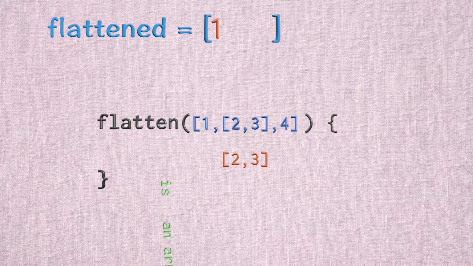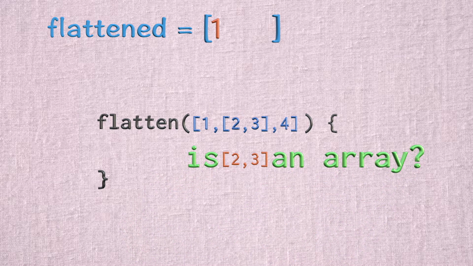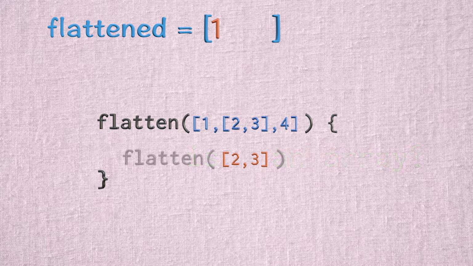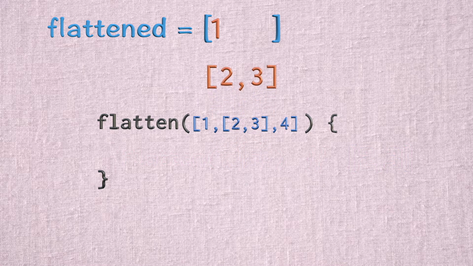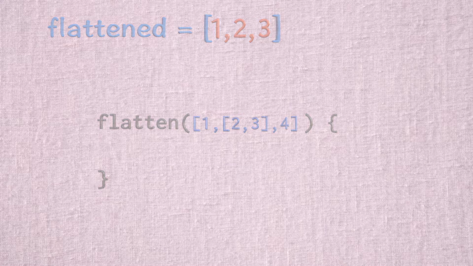The next item is an array, and when that gets evaluated as true, that's going to get fed into our flatten function again, and this is the recursion. That invokes flatten with that argument, which returns an array of 2, 3, because there are no more deeply nested arrays within there. Now that array of 2, 3 gets concatenated with our flattened array, which, as we know, just joins them into a single flattened array. So hopefully that makes sense to everyone.